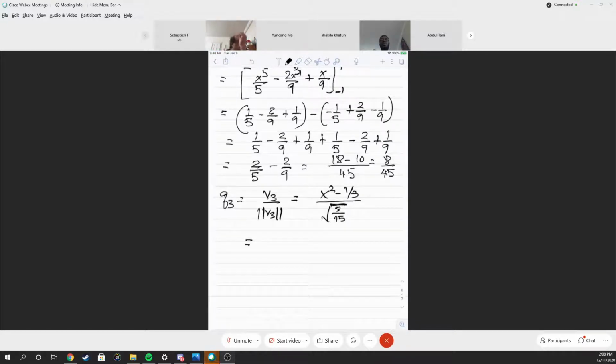So you can do it this way. 3x squared minus 1 upon 3. This is 2 root 2 over 5 times 9. 3 square root of 5. Yeah, square root of 45 is 5 times 9, so 3 and square root of 5.